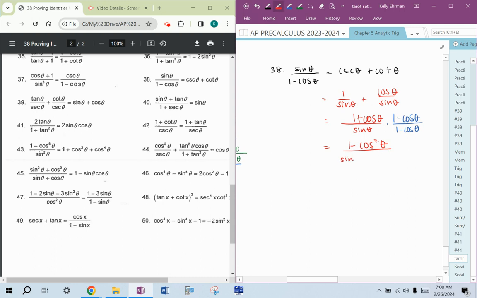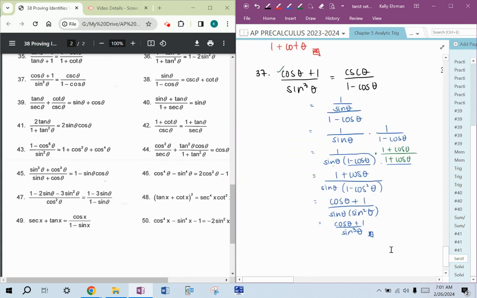To be most efficient, don't multiply the non-conjugates through, meaning don't distribute. Just leave it like that. Because 1 minus cosine squared is sine squared. Leaving the sine theta out here allows you to see that you can cancel a bit. So this sine theta cancels with one of those, and I'm left with the left side of the equation, sine theta over 1 minus cosine theta.